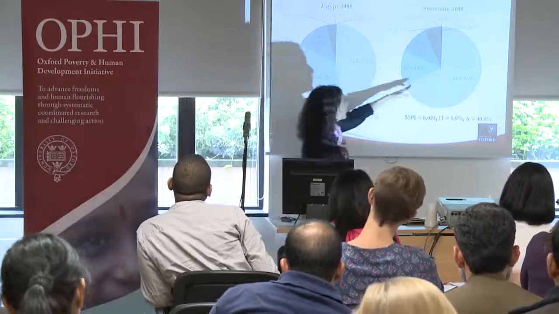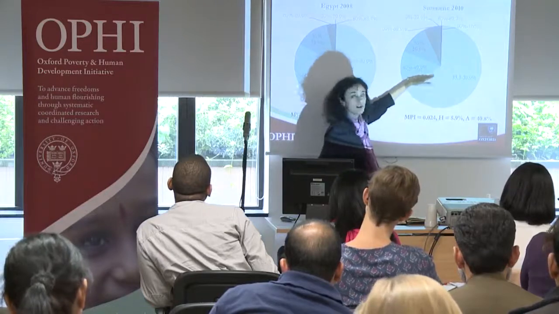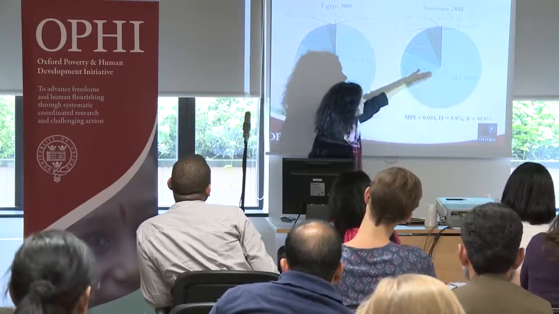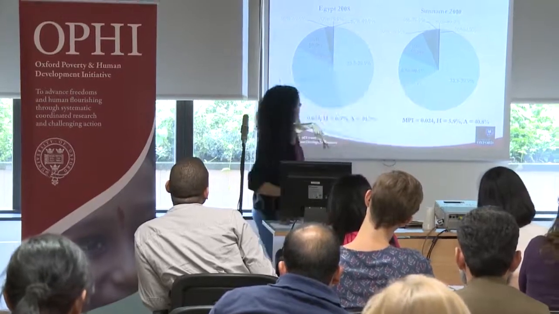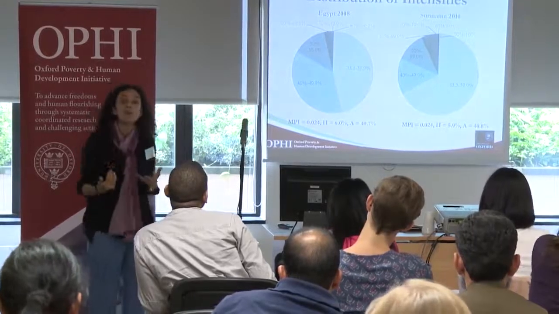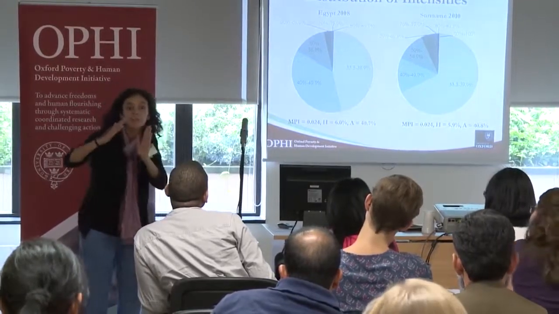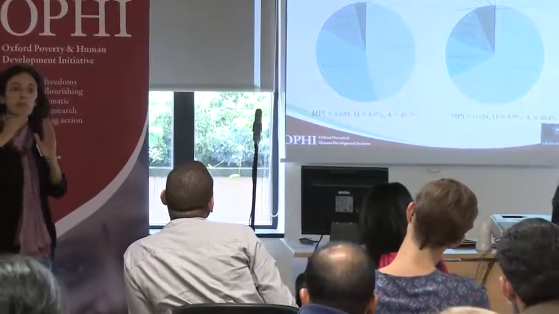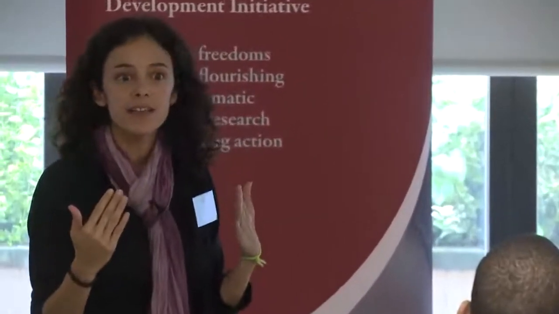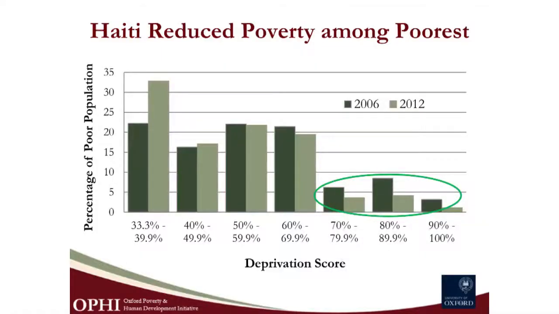While in Suriname, no. I would say 65, 70% of the people have low deprivation. They are closest to non-being deprived, only between 33.3 and 39. So it's different. There is a story here to be told.